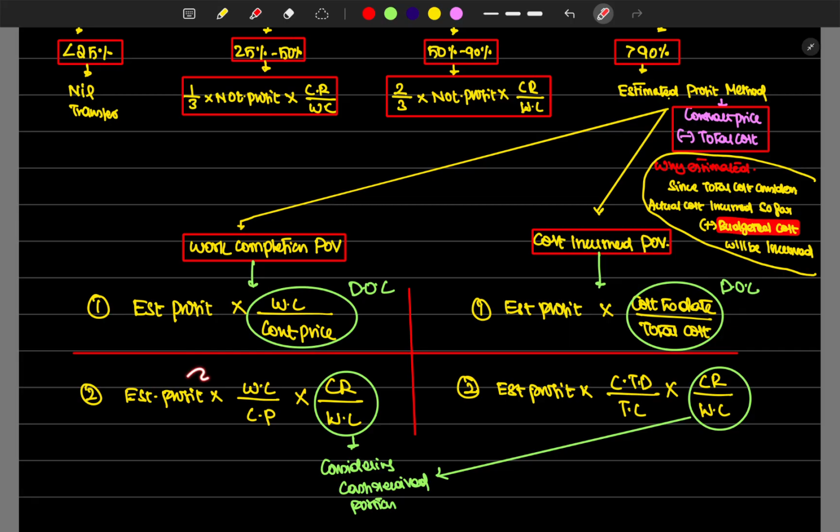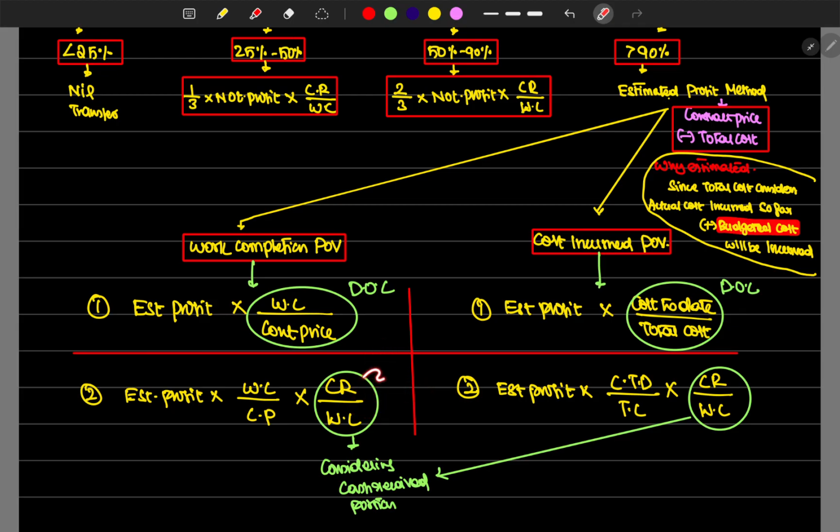Same as estimated profit and degree of completion, but we are recognizing the cash received portion of the work certified. To be more precautionary, to take utmost prudence, we are taking the cash received portion of the work certified. Work certified is given by the surveyor, but what's the actual money given by the client?